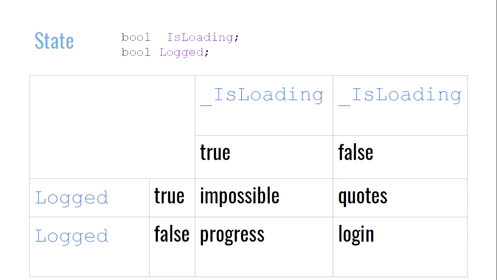When you open the application for the first time, these 2 values are initialized to false, false. You can see false, false corresponds to the welcome screen, the login screen, that says you have to log in. If the user clicks on the login button, I will change one element of my state, which is isLoading, because I'm going to call a function which will talk to the server for the authentication. So isLoading will become true, and this will change the state.